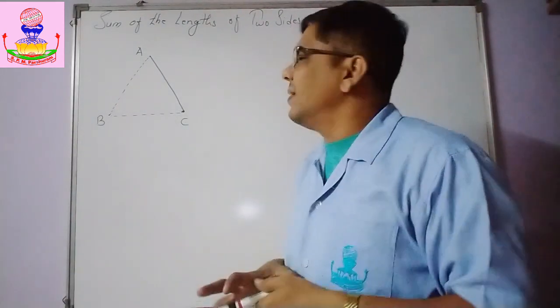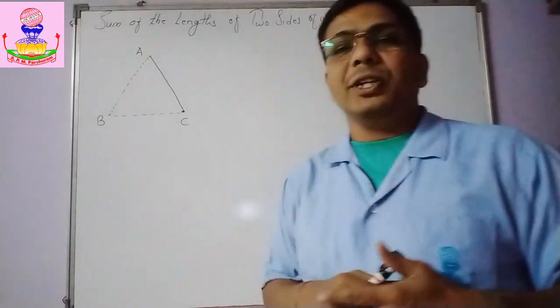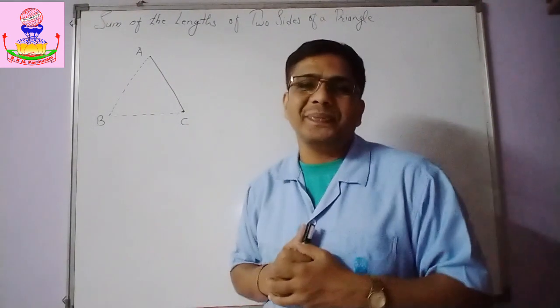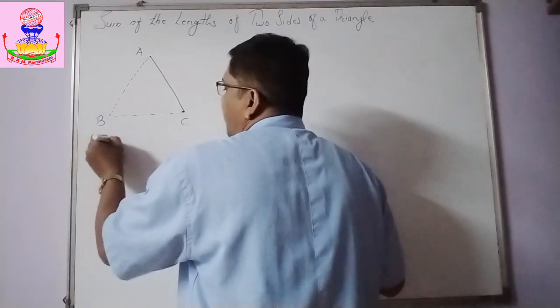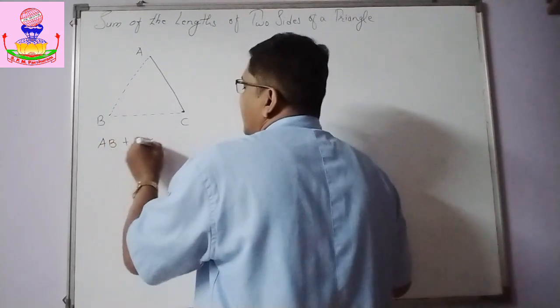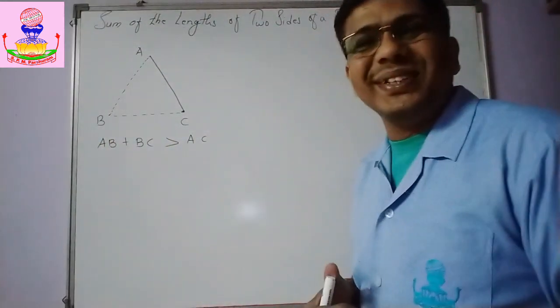Yes, definitely the shortest way, A to C. So he will prefer to go from A to C. So definitely here AB plus BC is greater than AC. I hope you agree with this.